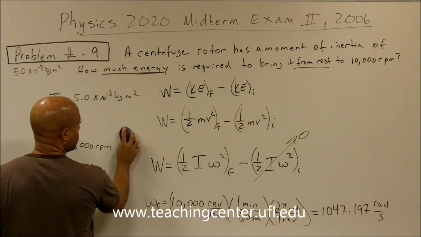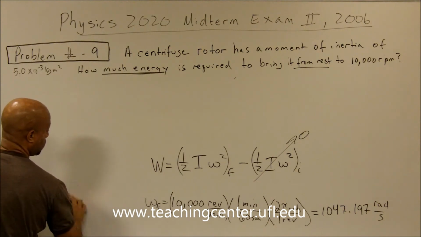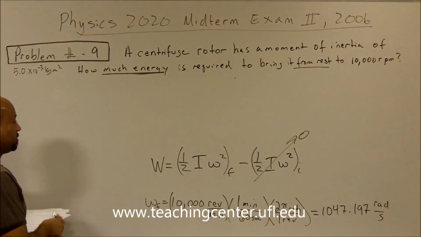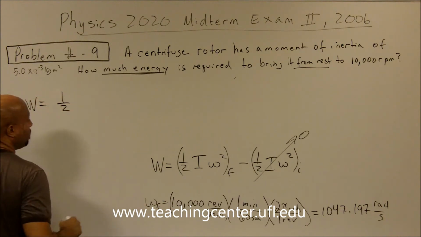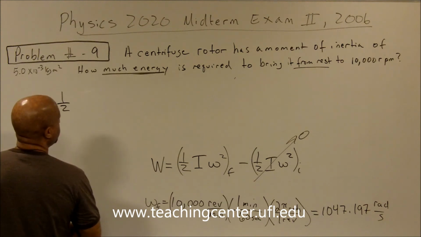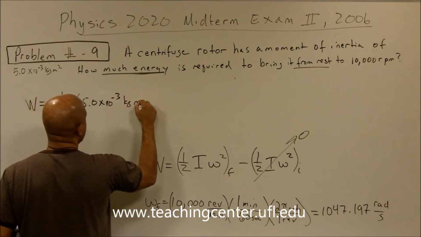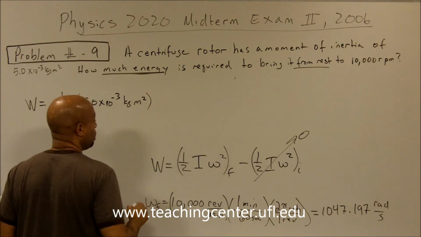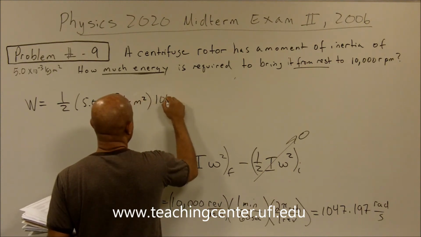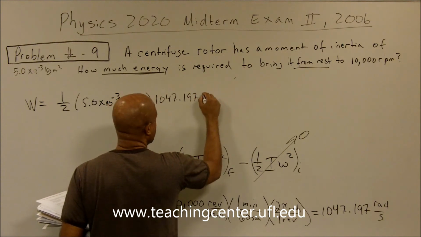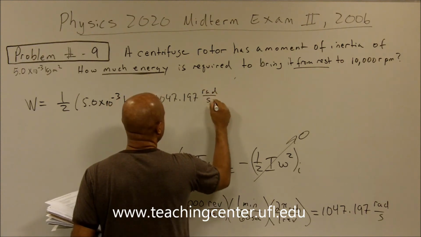All right, so now we can just substitute this into our equation, where work is going to equal 1/2 times the moment of inertia, which is 5.0 times 10 to the minus 3 kilograms meters squared, multiplied by our angular velocity, which is 1,047.197 radians per second, squared.